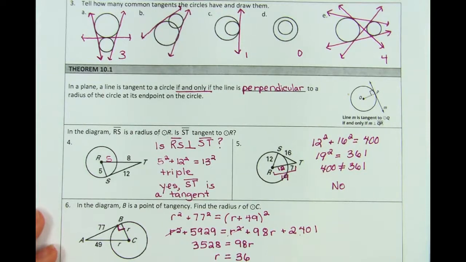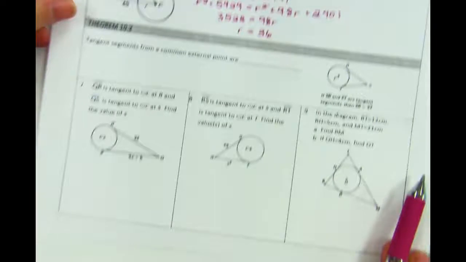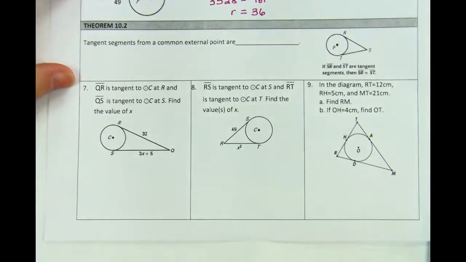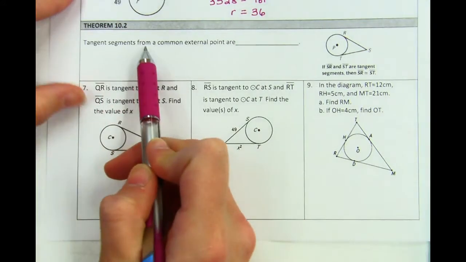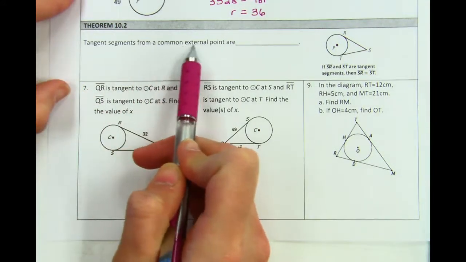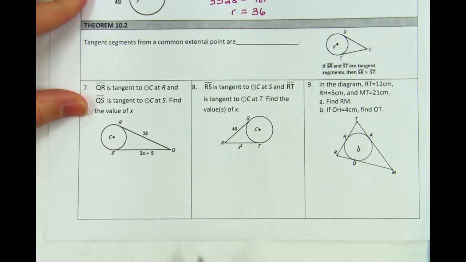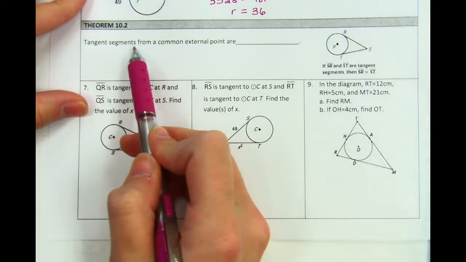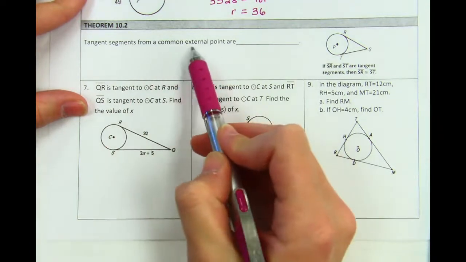Okay, let's move down to theorem 10.2. Theorem 10.2. 10.2 says, tangent segments from a common external point. Okay, so let's talk what that even means. Tangent segments, so we're not talking about lines or rays here, we're talking about segments, from a common external point.